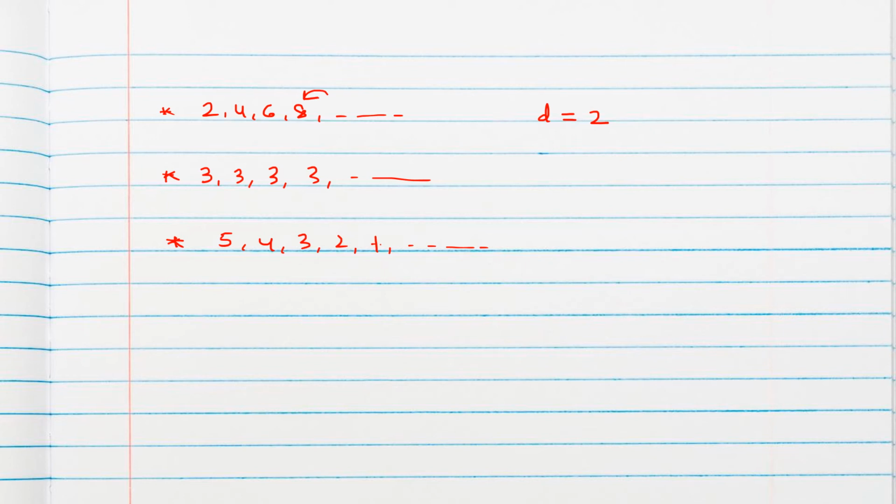Here the common difference 3 minus 3 is what? 0. So 0 we are adding to get the next number. And here 5 minus 1 is 4, 4 minus 1 is 3. That means we are adding negative 1 here. So the common difference we can say is minus 1.